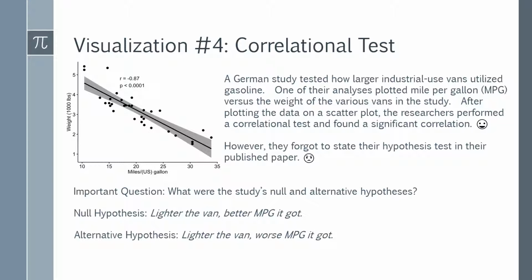What I looked at is, does a lighter van get better miles per gallon, or does a lighter van get worse miles per gallon? So if we look here, I would go with the null hypothesis. I would not reject it, because as you can see in the scatter plot, the lighter the van allowed for more miles per gallon, so the hypothesis would be null in this case.